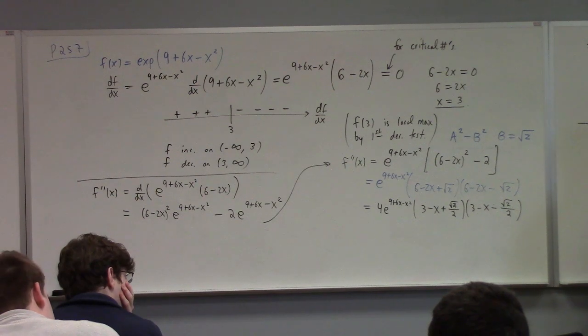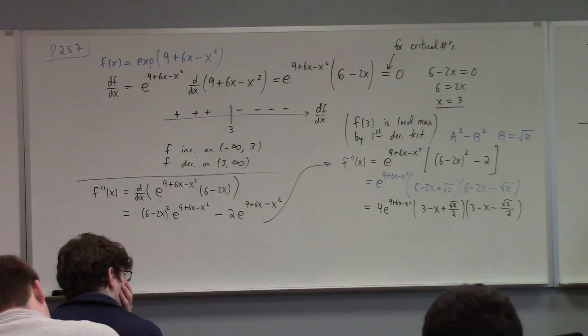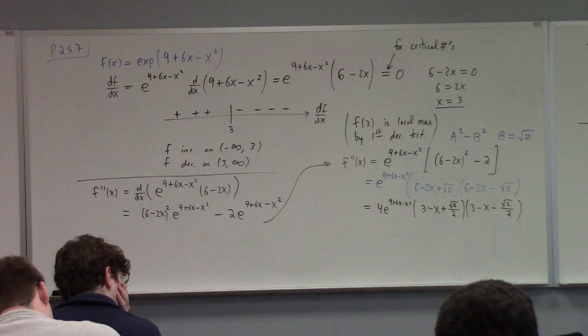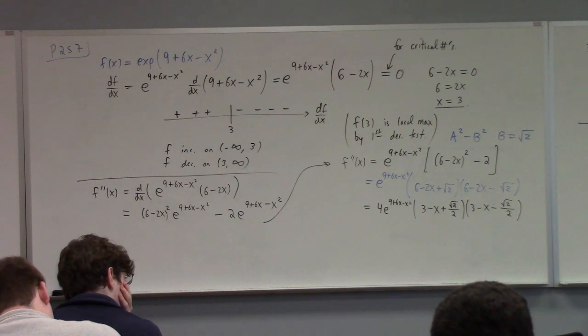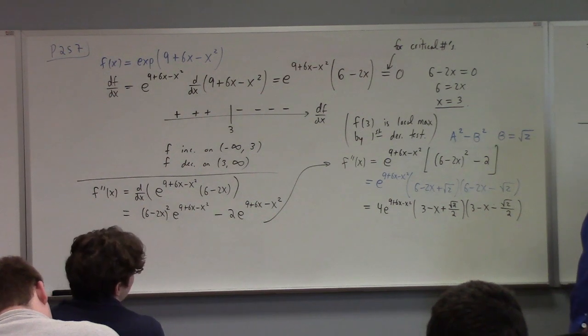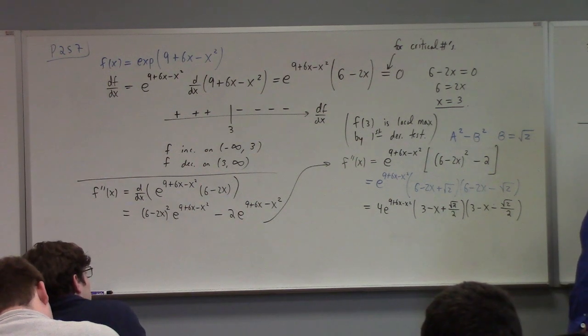However you want to look at it, this is about 0.707. So our possible points of inflection are basically 3 plus or minus 0.7, approximately 2.3, and over here approximately 3.7-ish, right?